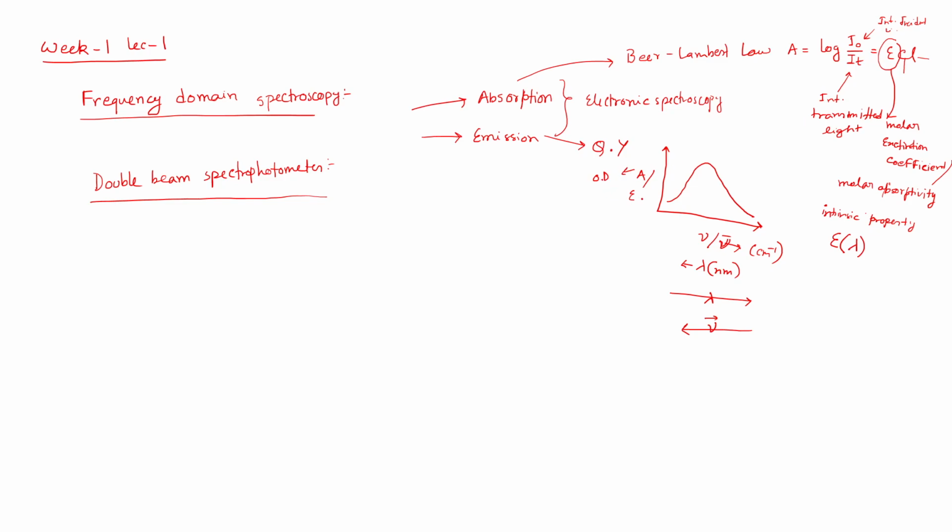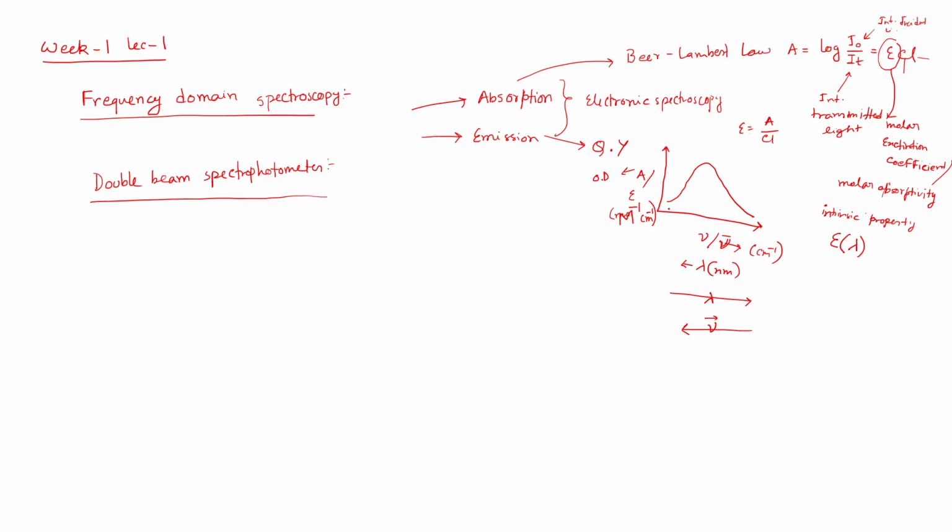So you can also express this y-axis in terms of epsilon, and then the unit will come, that is molar inverse centimeter inverse. You will see the spectral nature will be the same, but some parts will differ, because epsilon is A by CL, right?